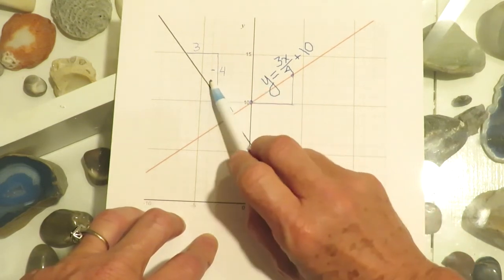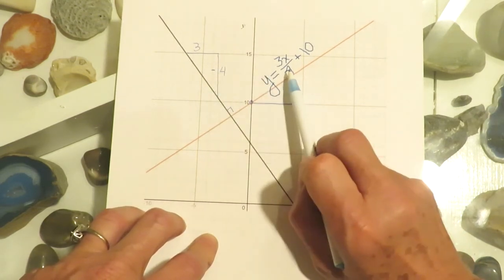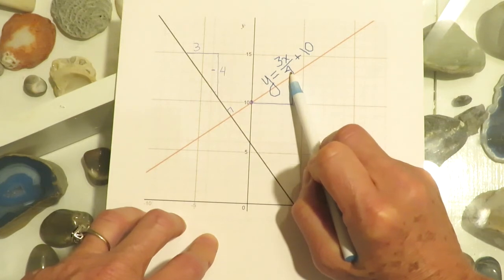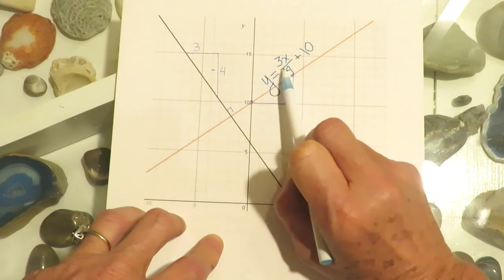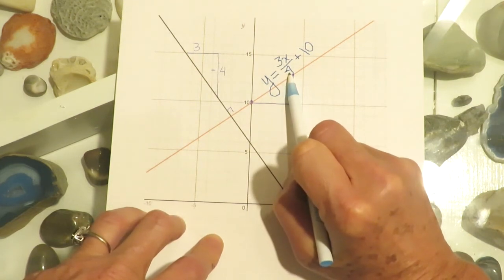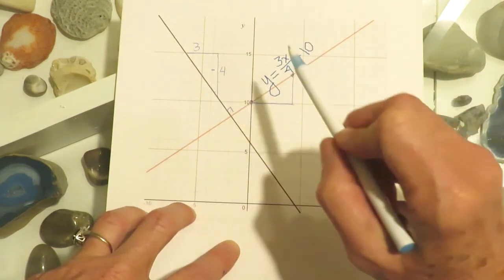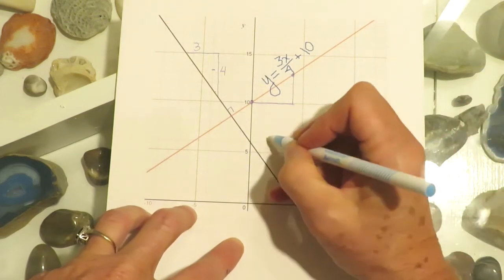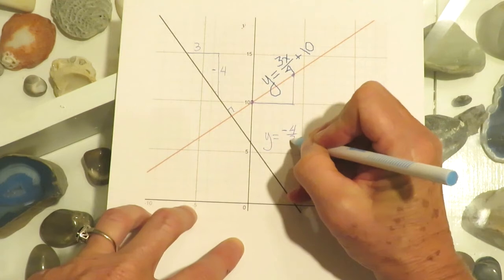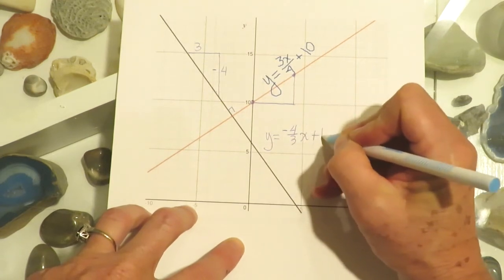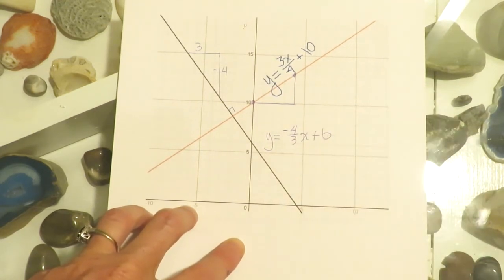The slope is going to be the opposite sign. If this slope is positive, the perpendicular slope will be negative. And if this slope is 3/4, the perpendicular slope will be negative 4/3. So I know that my equation is y equals negative 4/3 x, and then plus a y-intercept value.